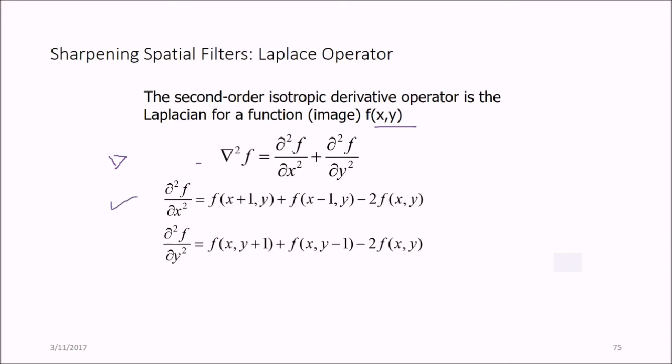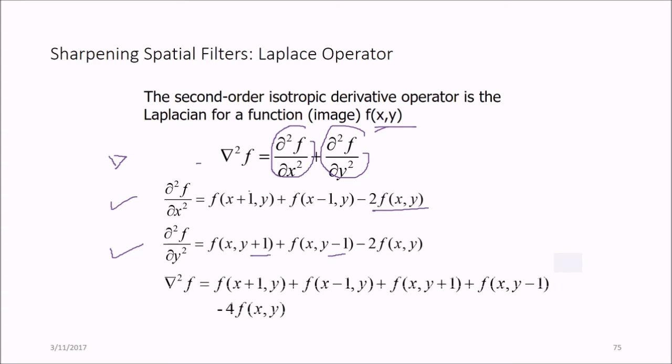And del square f by del x square is similar to what I just showed you, that we are using f(x+1,y) plus f(x-1,y) minus 2f(x,y). In the case of y, this will be f(x,y+1) plus f(x,y-1) minus 2f(x,y). So this del square f can be written by adding these two. So this is the relationship.